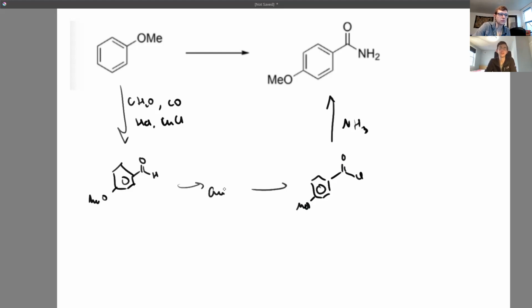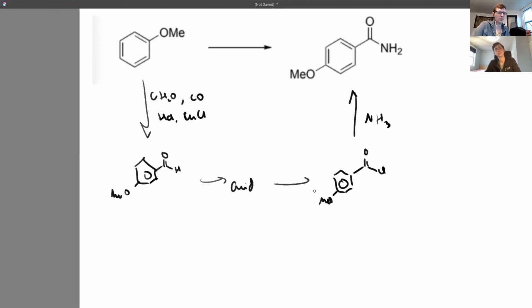Yeah, that's smarter. I like that better with SOCl2, right? Yeah, then we're good. Sure. Yeah, so we could do that too. Just to finish this one off, because this is a totally fair synthesis pathway. Yeah, we could just oxidize here, right? Like, I don't know, use whatever you like, bleach, right?